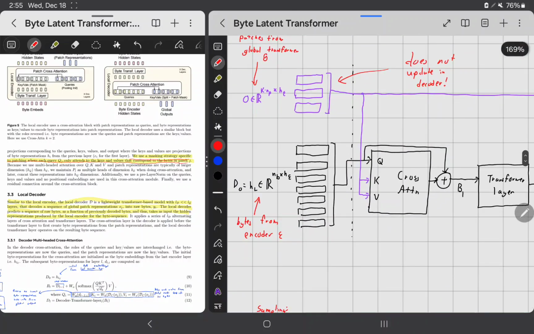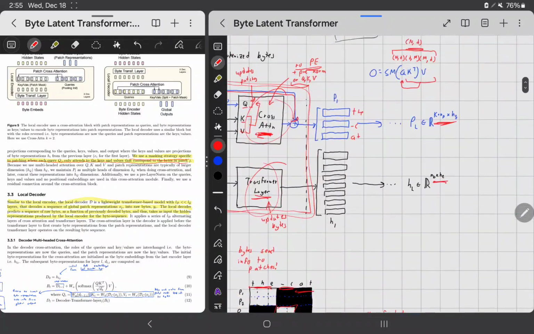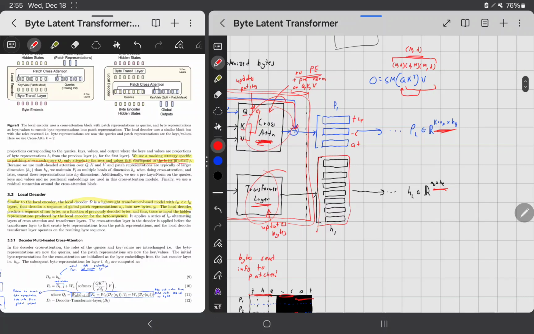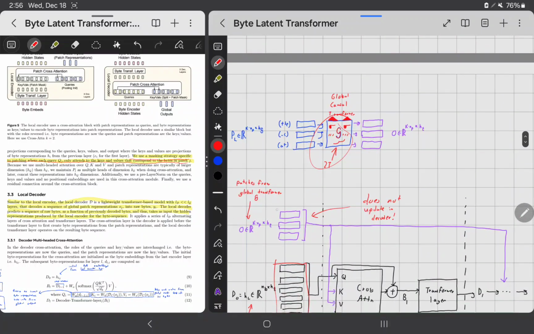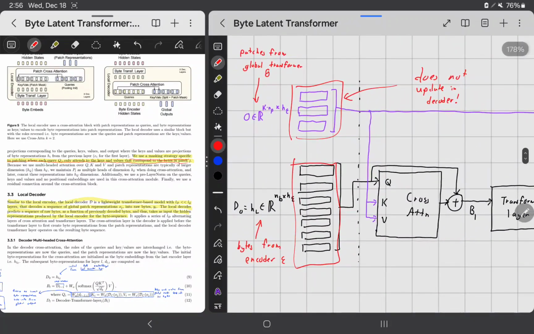So we start off with the same thing, except we take this sequence here, which is going to be our byte sequence, and we initialize it to the output of the encoder. And we take this here, which is the output of our global transformer. So instead of it being initialized to the input byte, to the original bytes and the n-gram bytes, we have the output of the encoder byte representation, and we have the output of the global transformer patch representation.